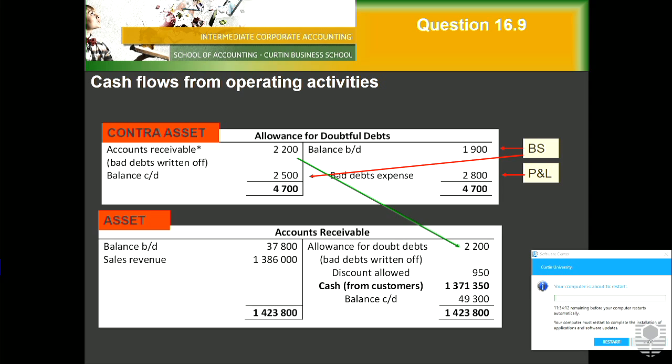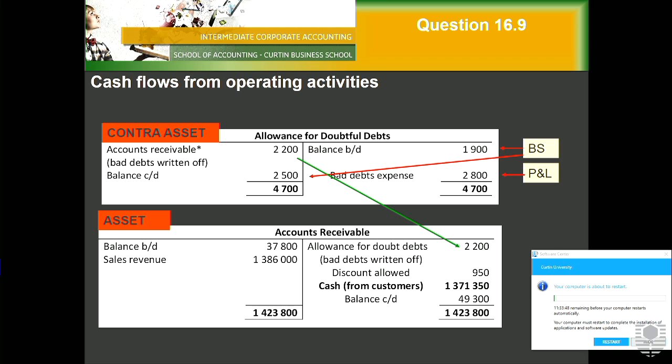Notice that accounts receivable is an asset account. If you have a look at your balance sheet, go to accounts receivable, your opening balance from 2016 is 37,800. Your closing balance is 49,300 on the credit side.